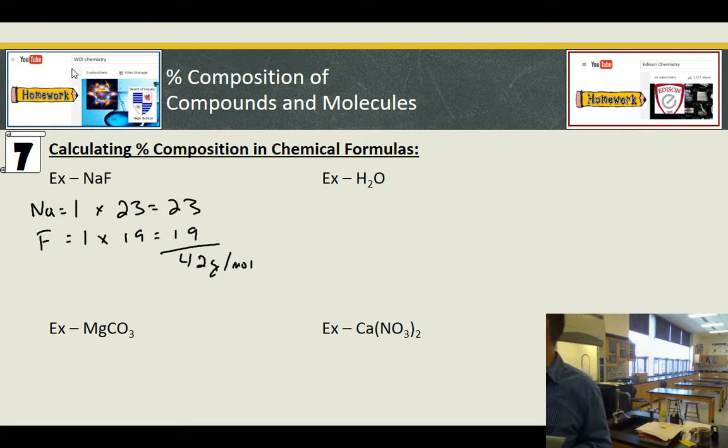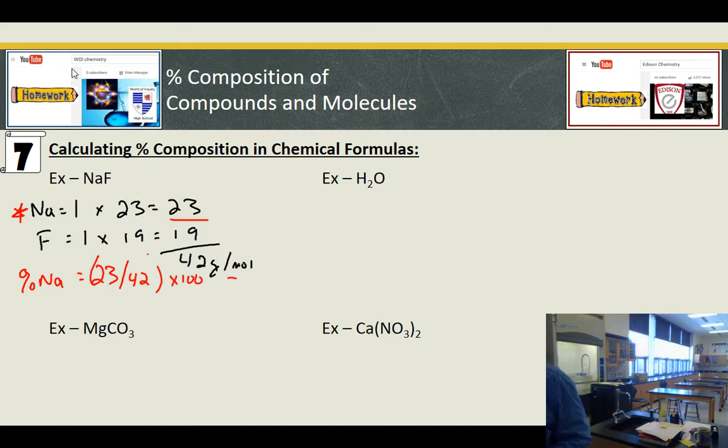Now that I have my individuals calculated, and that's why I'm going to do it the long way, here is the total for Na. So if I want to find percent Na, I'm going to say that's 23 divided by 42 in parentheses times 100 equals Na's percentage.